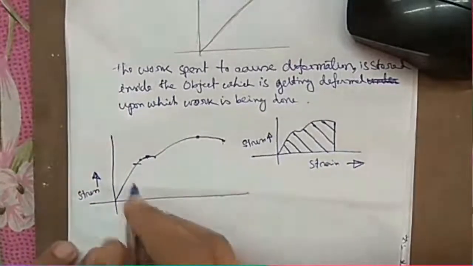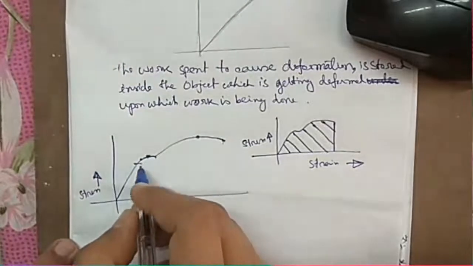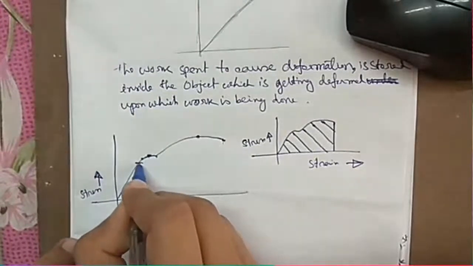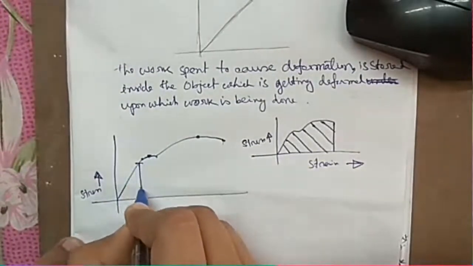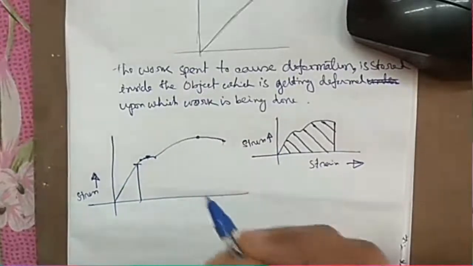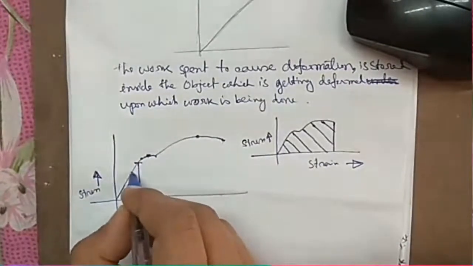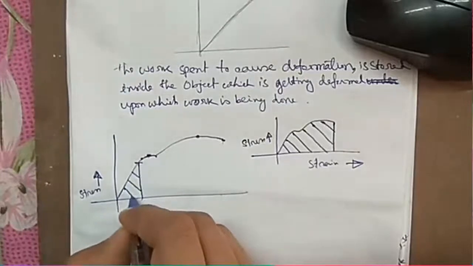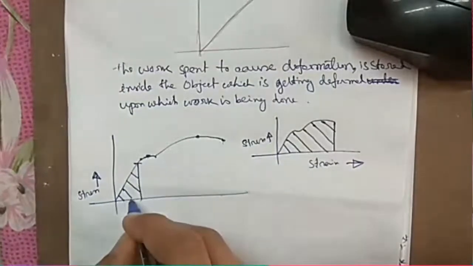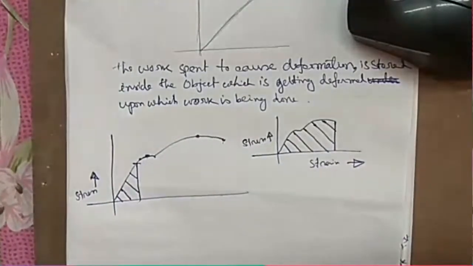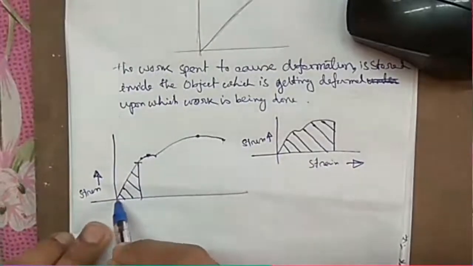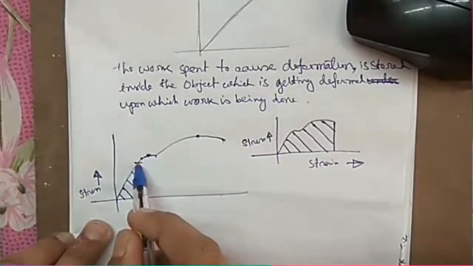Now if we talk about strain energy up to the elastic limit, we will talk about only this much area. Up to the elastic limit, the strain energy that is getting stored inside that object, we have started from zero stress and are reaching up to the elastic limit.